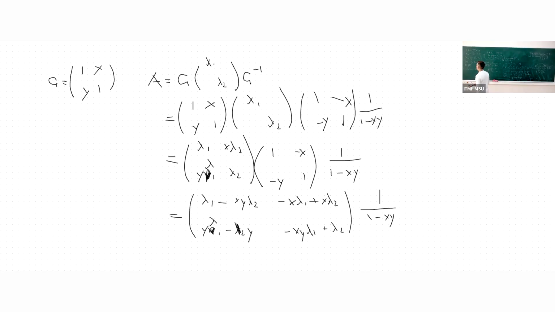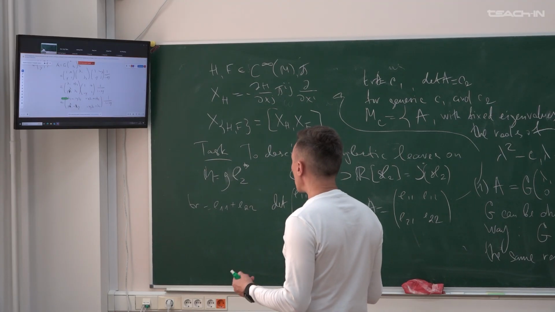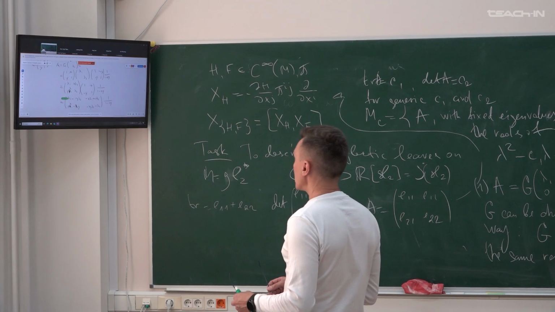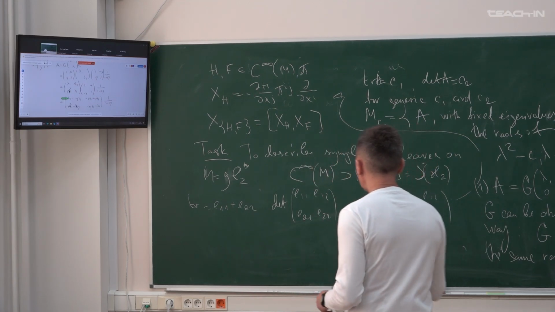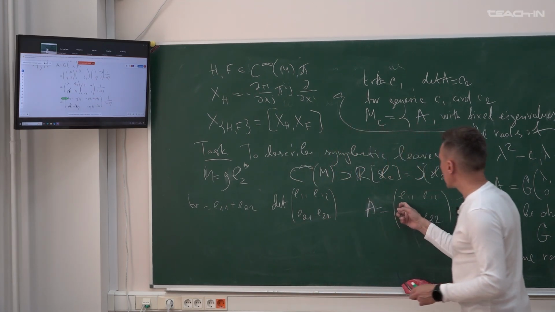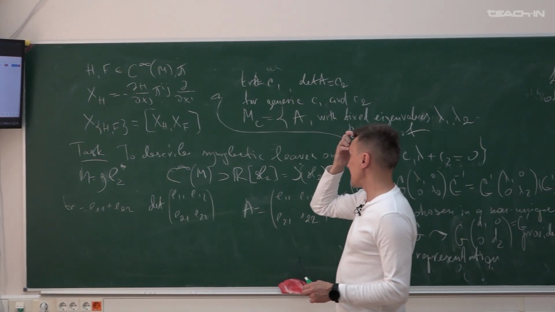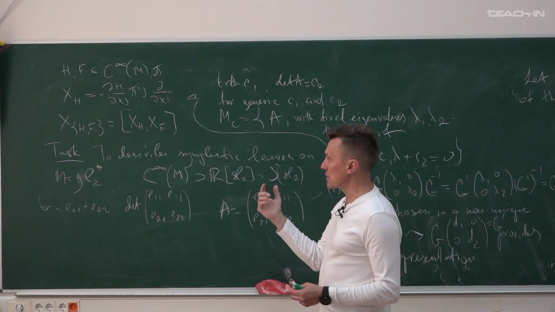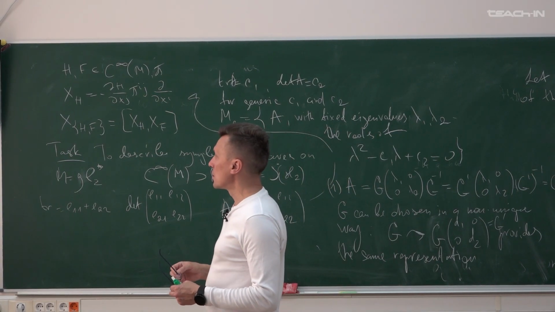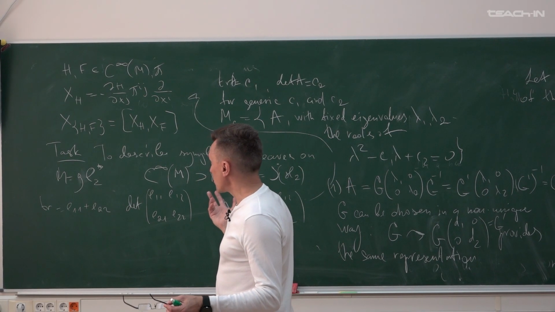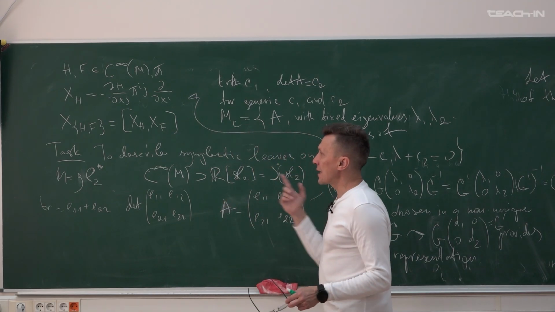It's quite reasonable. So now you have a parameterization of initial variables. You see the variables Eij in terms of central functions, Casimir functions, lambda 1 and lambda 2. They commute with all functions. And some functions x and y.